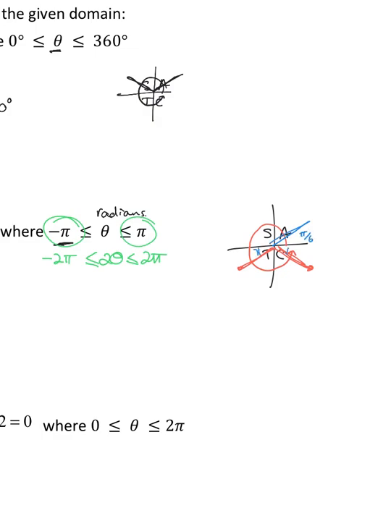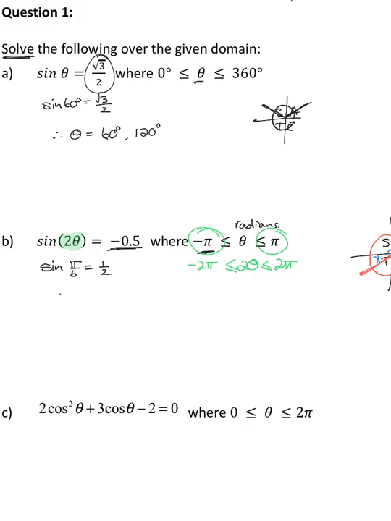So this and this. So let's do the first lot of answers. We know that 2 theta is going to be pi plus pi over 6. That's this one here. We know it's going to be 2 pi minus pi over 6. That's this one here.